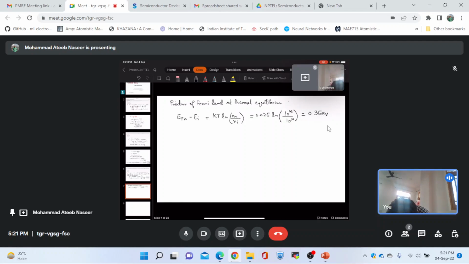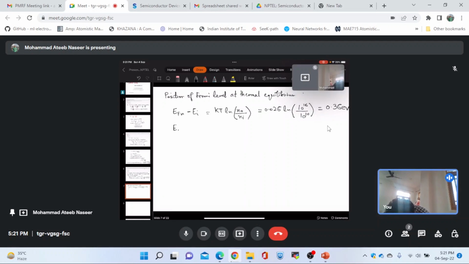Now for the hole quasi-Fermi level, we will write EI minus EFP equal to KT ln of P naught by Ni, and it will be equal to 0.026 ln of 10 to the power 4 by 10 to the power 10.